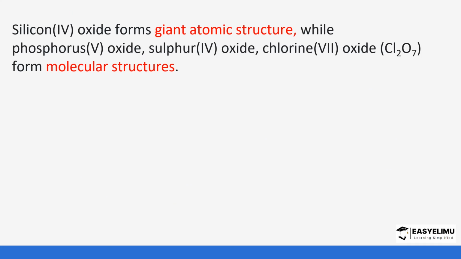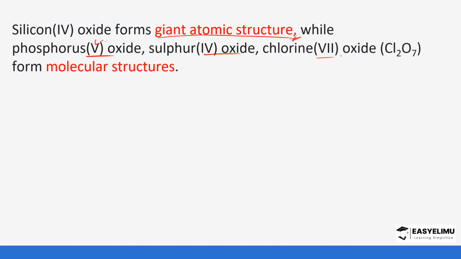Silicon 4 oxide is a giant atomic structure. We mentioned this when we were discussing the giant atomic structure topic. While phosphorus 5 oxide, you also have phosphorus 3 oxide, sulfur 4 oxide, chlorine 6 oxide, and chlorine 7 oxide are molecular in nature.